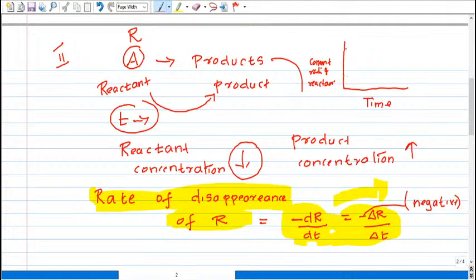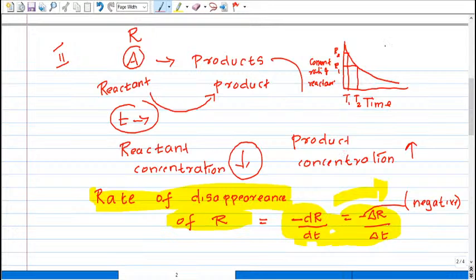So the graph will decrease like this, it comes down. So I can take 2 values here, 1 and 2, in which I can take this one as R1 and this one as R2. And 2 time intervals here, this and this. So this is T1 and this is T2.